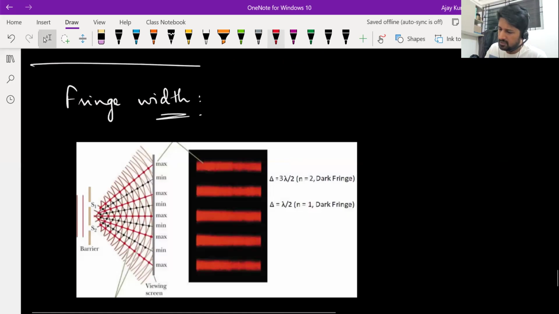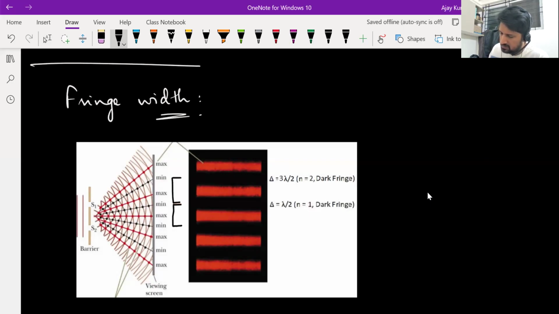So mathematically, fringe width is the distance between one minimum and the next minimum. This is one fringe. These are all bright fringes that I am highlighting.